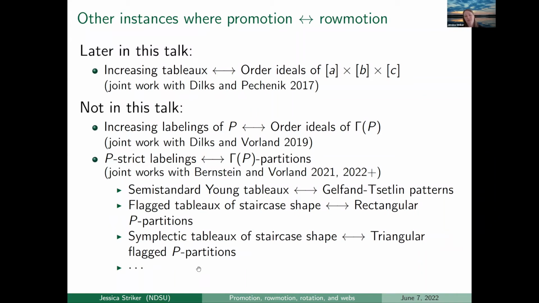So we get lots of interesting correspondences where the thing on the left of the arrow under promotion corresponds to the thing on the right of the arrow under some form of rowmotion, some of which ends up being sort of a higher level rowmotion, not just on order ideals. Okay, but I'd be happy to talk about any of that stuff if anyone is interested.